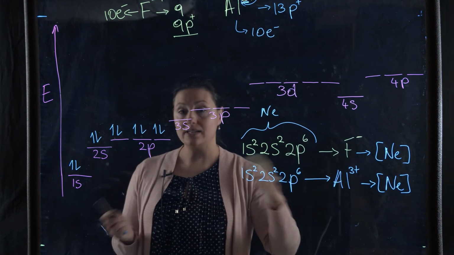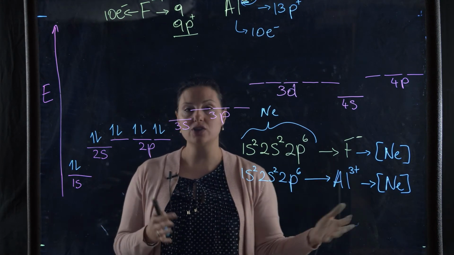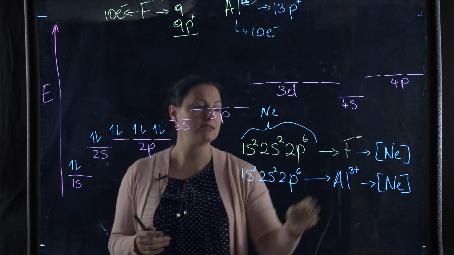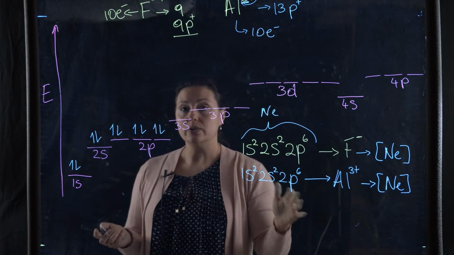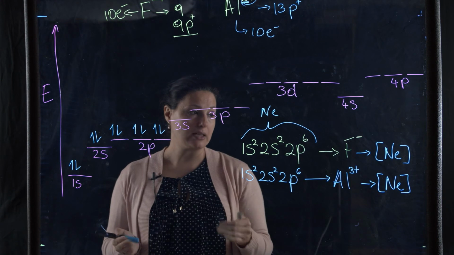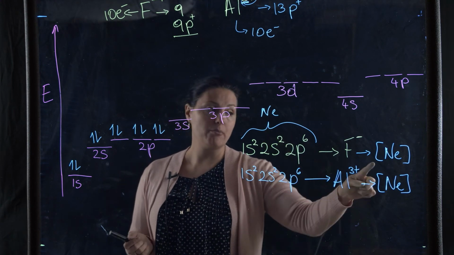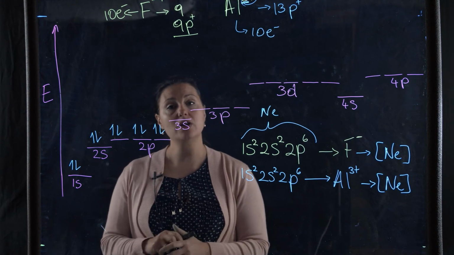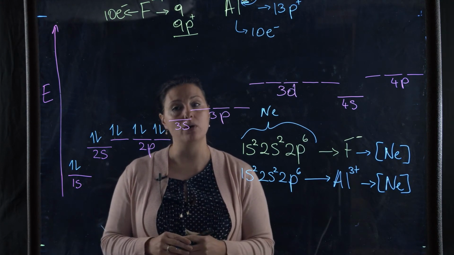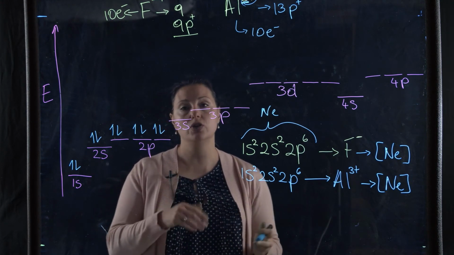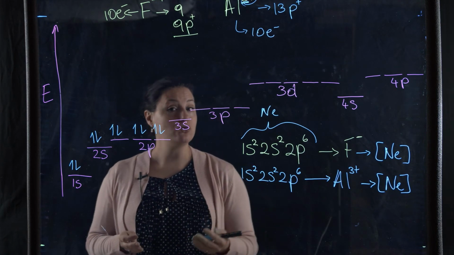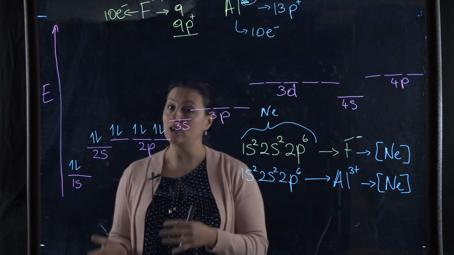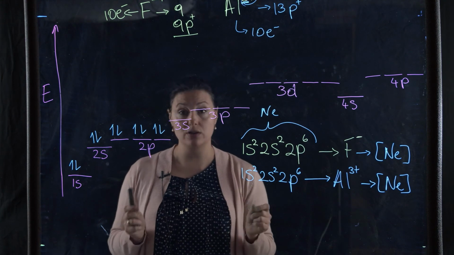Iso means the same, so isoelectronic, same electrons, because they end up having the same number of electrons. And if you notice, they both ended up with the configuration of a noble gas. That is because every element in the periodic table is trying to get to the configuration of a noble gas. And they do that by either gaining electrons or by losing electrons, depending on which one is closer.